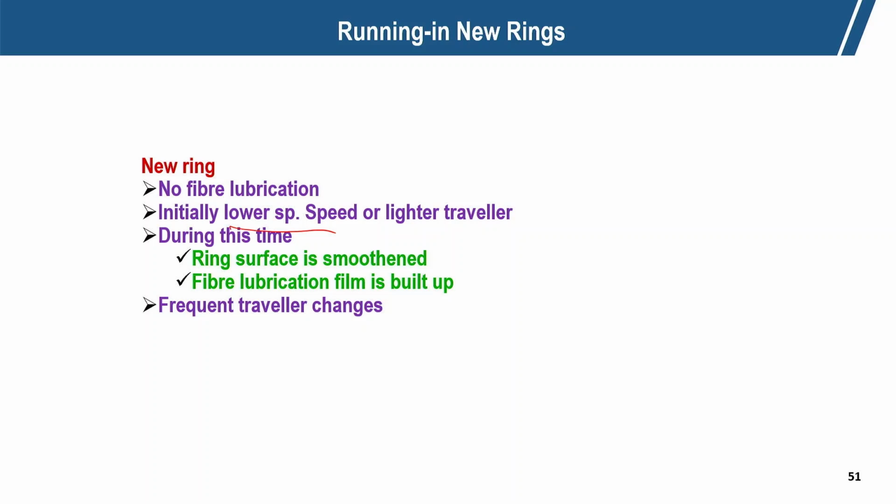During this time the ring surface is smoothened and the fiber lubricating film is built up. It gradually builds up and covers the surface of the ring. At this time the traveler gets damaged frequently, so we have to change the traveler frequently and increase the speed in steps.